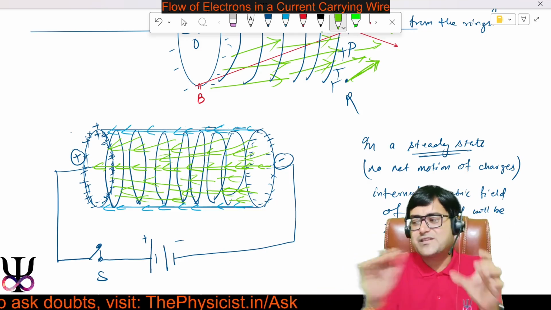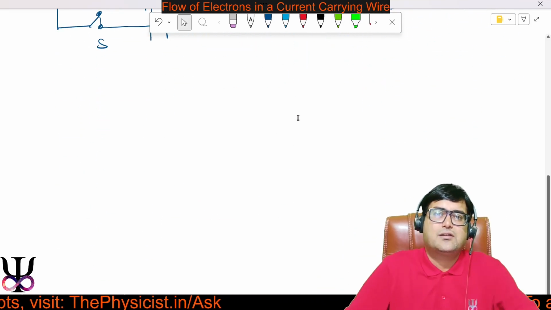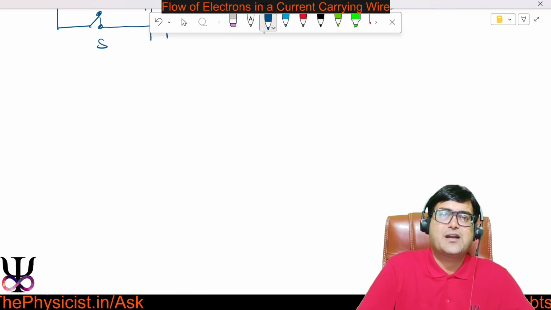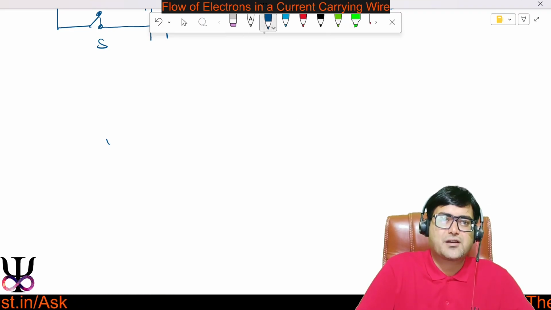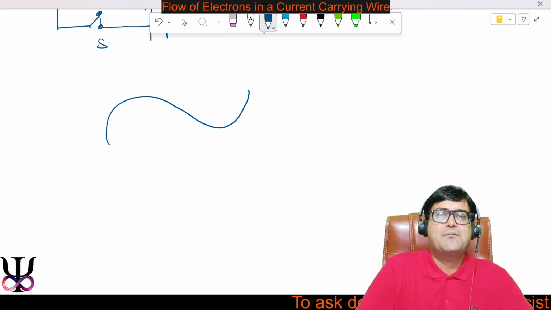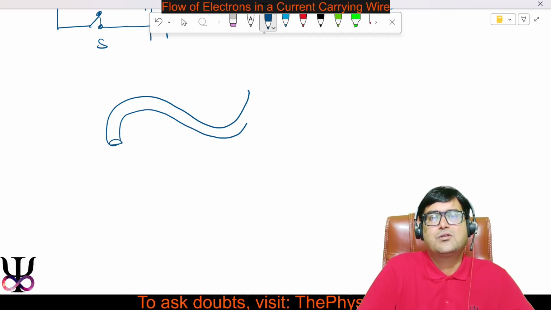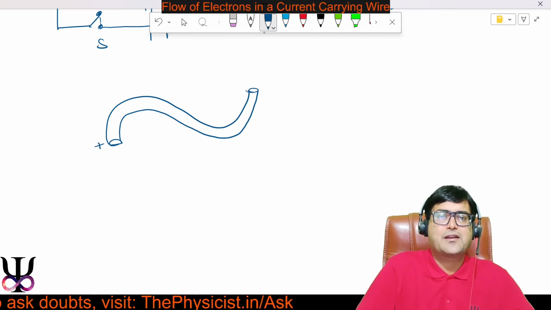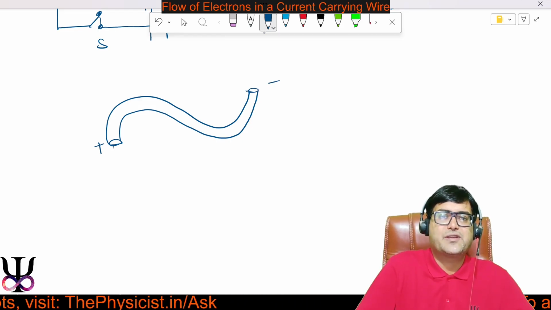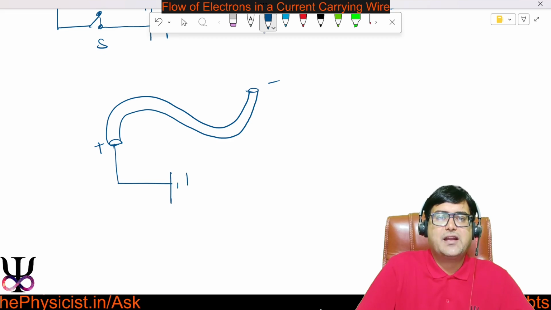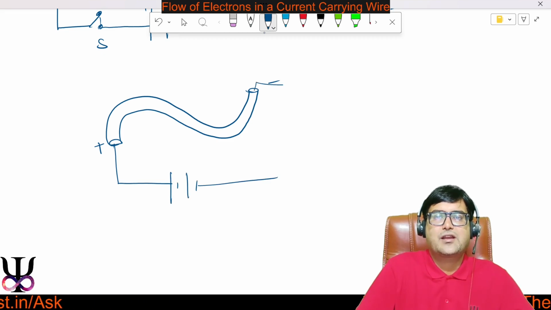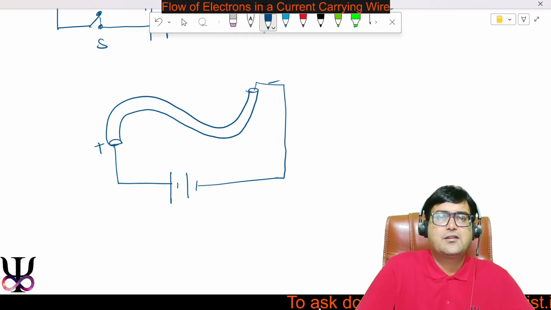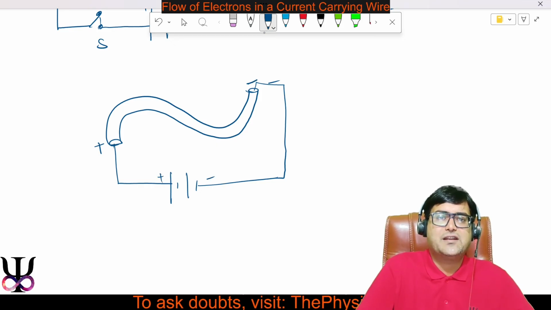Now what happens if I bend the wire? Imagine if I bend the wire, why just in a circle? Imagine I have a wire and I've bent it into an S shape, let's suppose. And then I connect the battery, positive here and negative there.